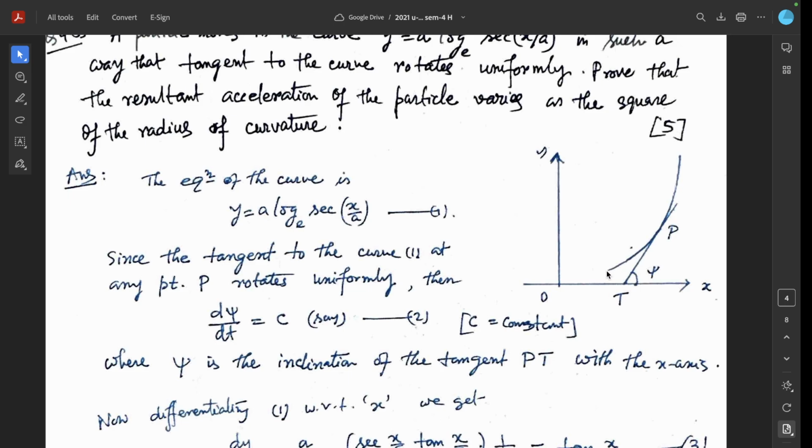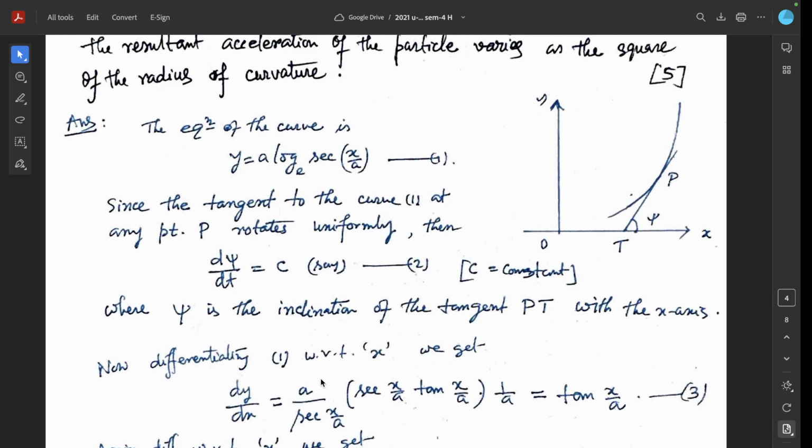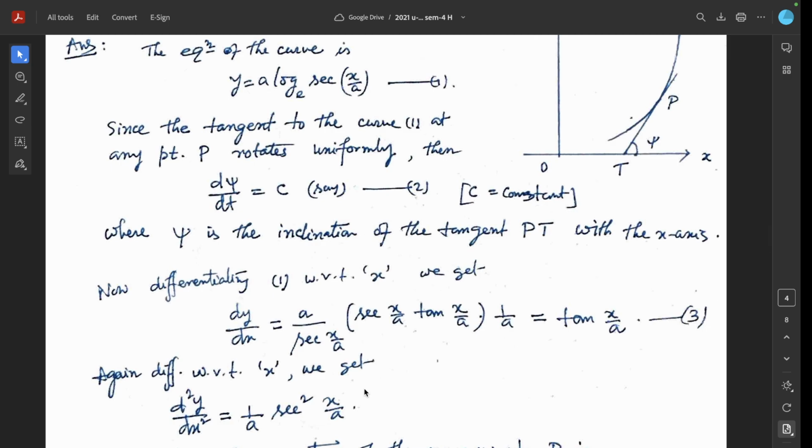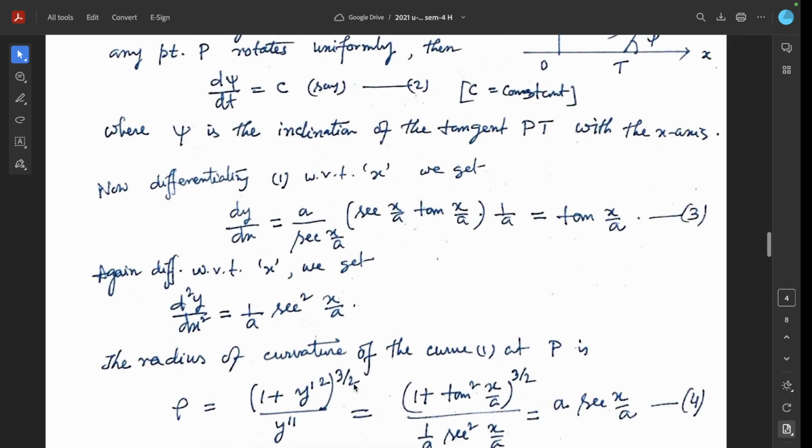the tangent PT with the positive x-axis in the anticlockwise sense. Differentiating 1 with respect to x, dy/dx equals tan(x/a), equation 3. Again differentiating with respect to x, d²y/dx² equals (1/a) sec²(x/a).